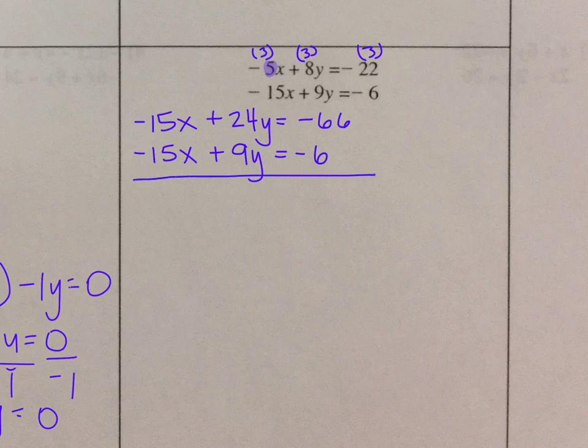That doesn't cancel out. But if I change all my signs, I can get it to cancel out. Negative 15 plus 15 is 0. 24 minus 9 is 15y. And negative 6 plus 6 is negative 60.